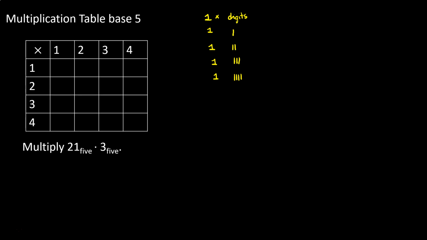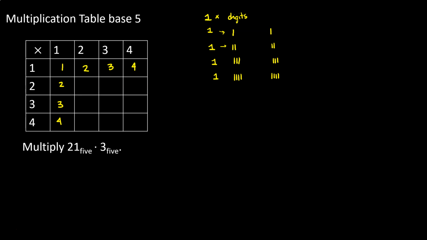So 1 times this first group of tally marks doesn't change anything, it's just one tally mark. Same with 1 times 2 tally marks. I'm not creating more images here, I'm just copying it over. And that's because 1 is the identity for multiplication. So we know that 1 times anything does not actually change the value of the product.